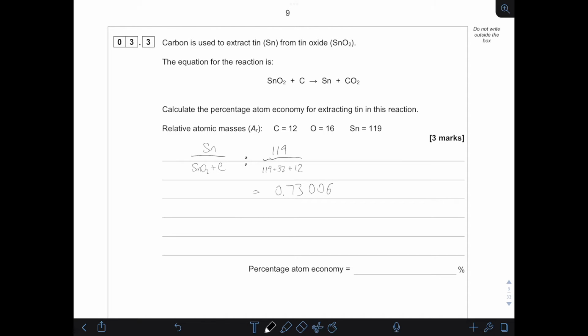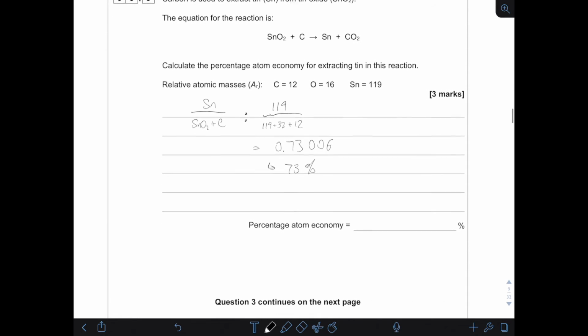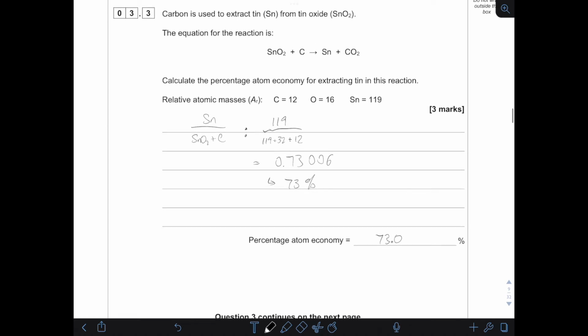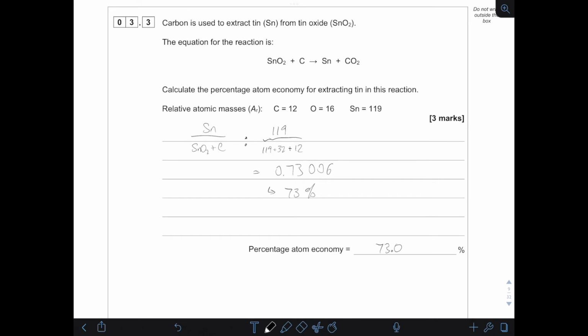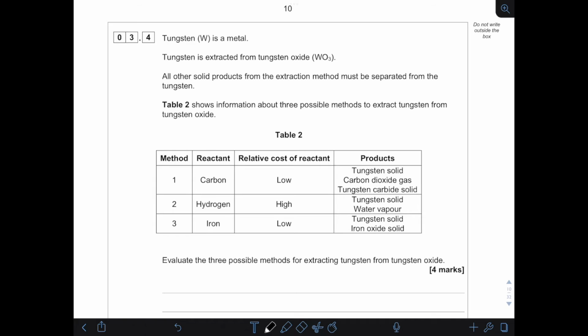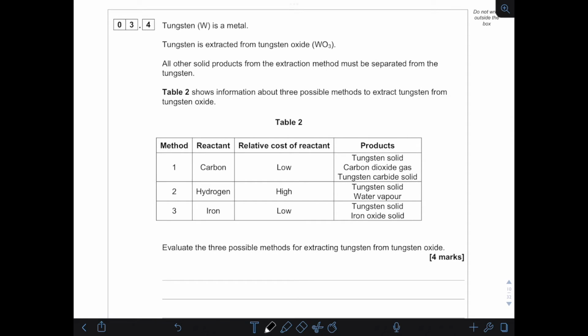It doesn't matter actually. And in percentage, this is 73% to essentially 2 sig fig. You can do 3 significant figures, which would be 73.0%. Does it actually matter? I don't think so. I don't know how they want to mark you, to be honest. I wouldn't really care if I was marking.